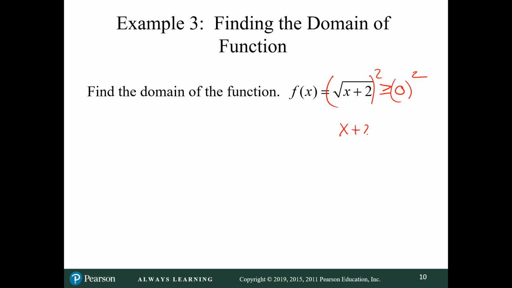So x plus 2 has to be greater than or equal to 0, so x has to be greater than or equal to negative 2. So the domain of the function includes negative 2 and goes all the way up to infinity. What do you call this format? Interval notation.